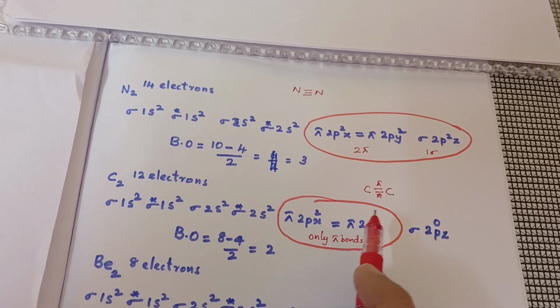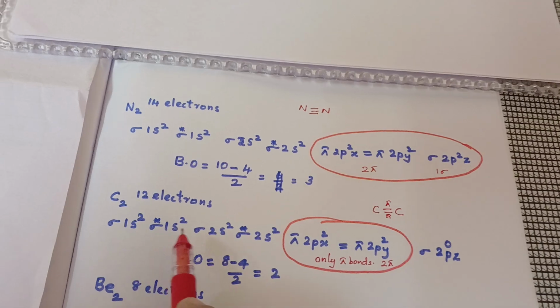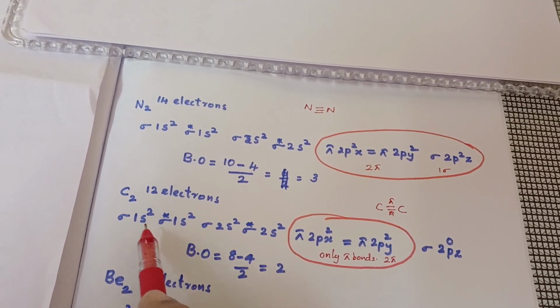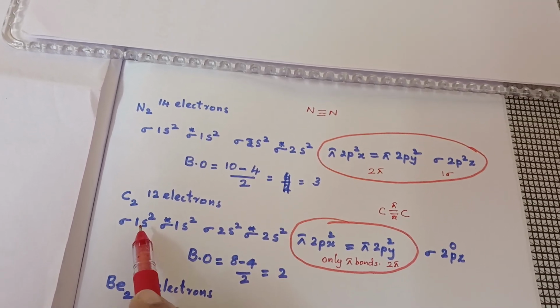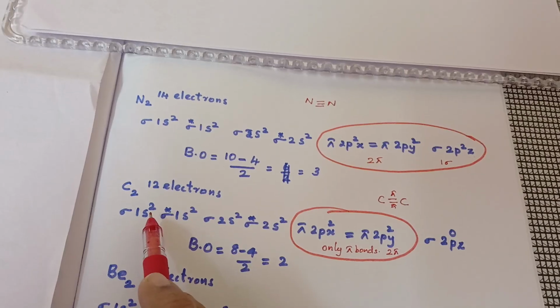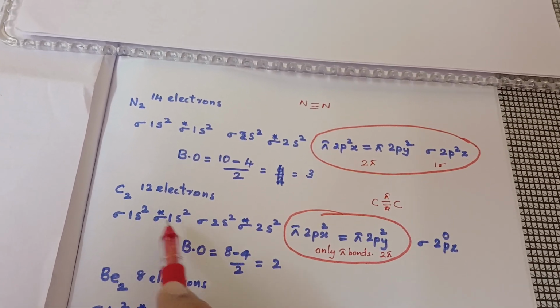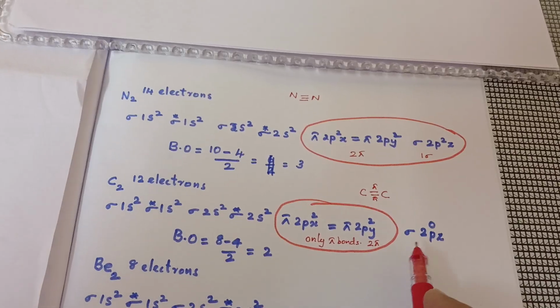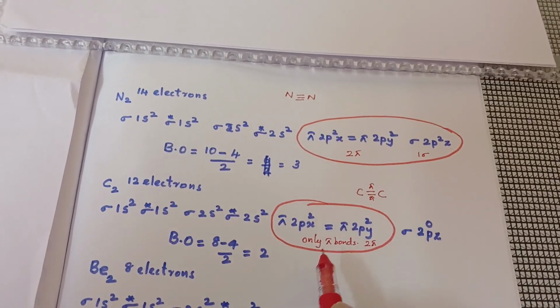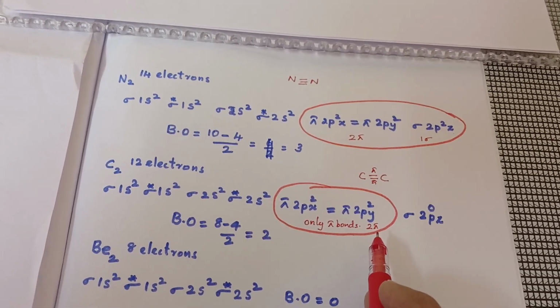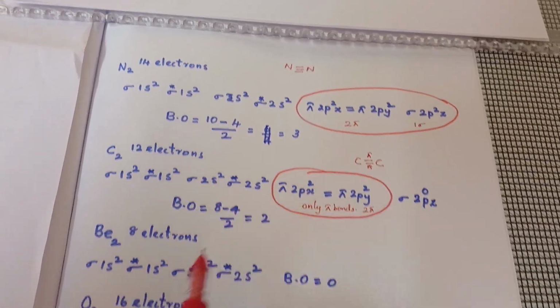Here also you have bonding and anti-bonding electrons, but they cancel out. Sigma 1s2, 2 electrons in here, and in the anti-bonding orbital also 2. So they cancel out like that. And here there are no electrons. So only pi bonds are there in C2.